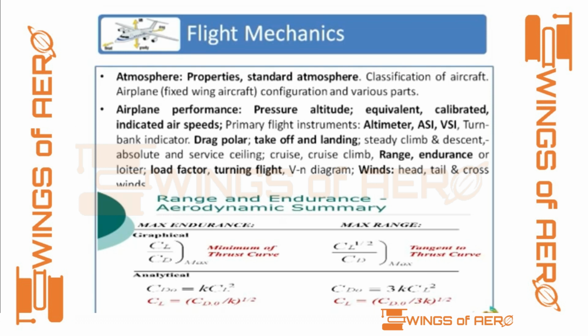You better focus on the formulae, and you will see that CL by CD is changing. In one case CL by CD will be there, in another case CL^(1/2) by CD will be there, and in another case CL^(3/2) by CD will be there. So in which case which CL by CD ratio formula applies, that is very important.